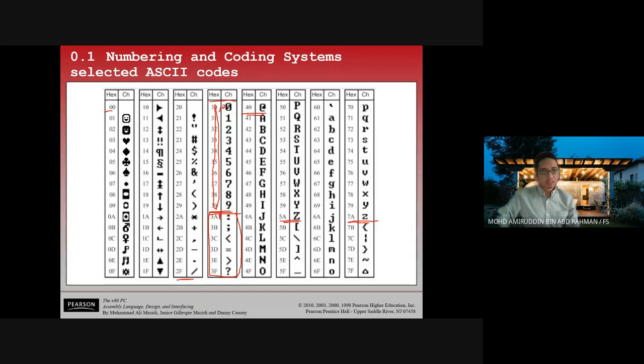Then you look at the pattern: between 5B to 5F, to fill in between the capital and the small letters, they put the symbols. That's how it is actually arranged.